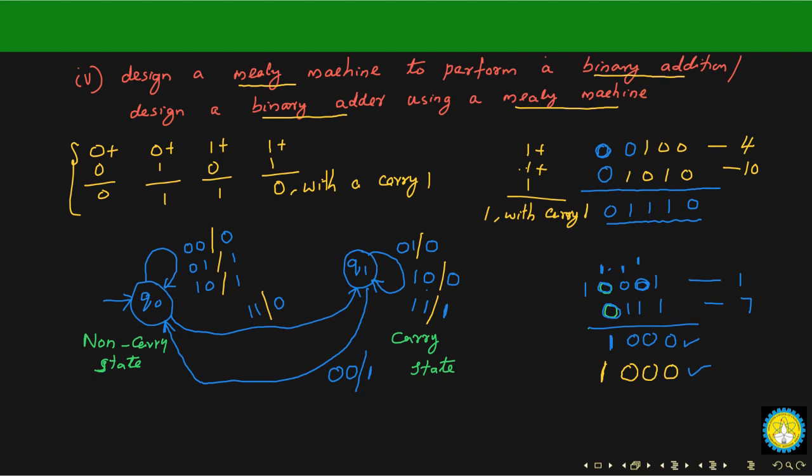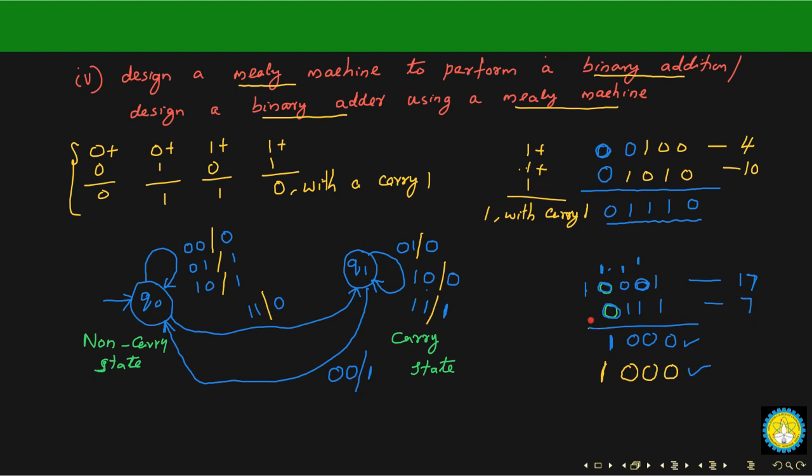Remember this number that I've modified here, 1 0 0 0 1, looks like 17. This is going to be 17. And for the second number, I have not made any modifications. It's going to be 7 itself. So 0 1 1 1 is going to be 7 itself.